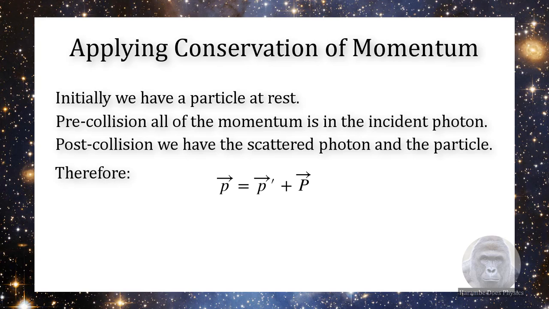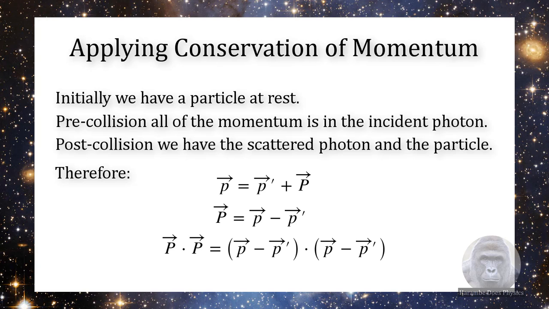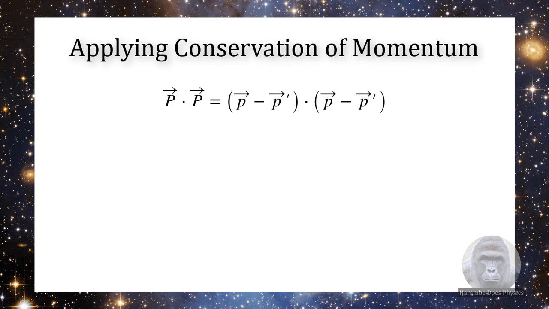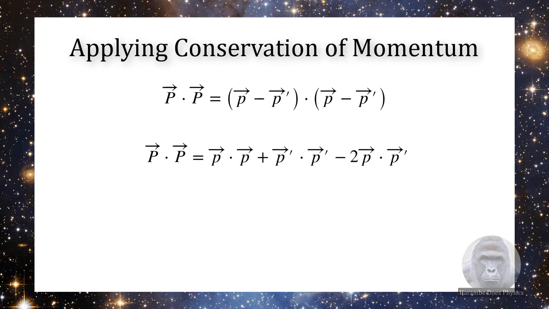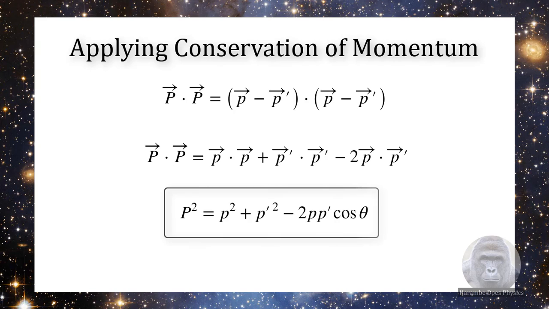Therefore, the vector lowercase p must equal the vector sum of p prime and capital P. We can rearrange that to say capital P must equal the vector difference of p and p prime. To eliminate the vectors, we take the scalar product of each side with itself. Applying the definition of the scalar product, we get the reduced expression capital P squared equals p squared plus p prime squared minus 2p p prime cosine theta.